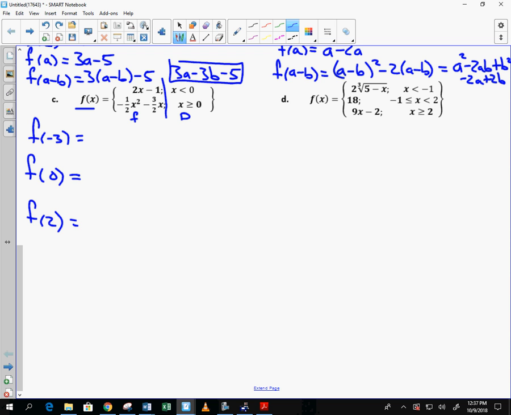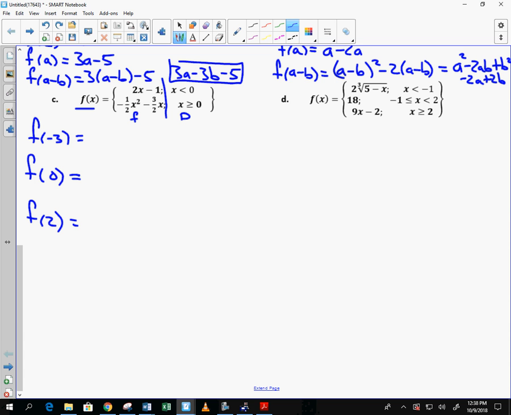So what this is communicating to us is as follows. If the x value is less than 0, then your function rule is 2x minus 1. If the x value is greater than or equal to 0, then the function rule is this. So is the x value greater than 0, or is it less than 0? It's less than 0, so which one do you think it goes into?